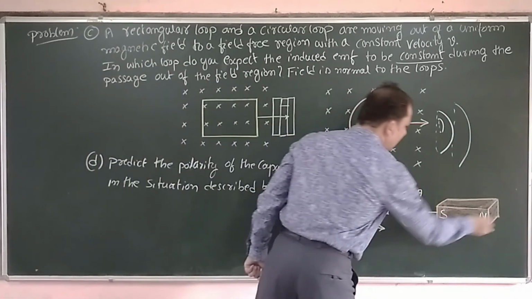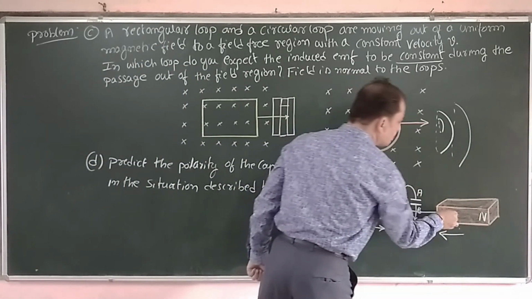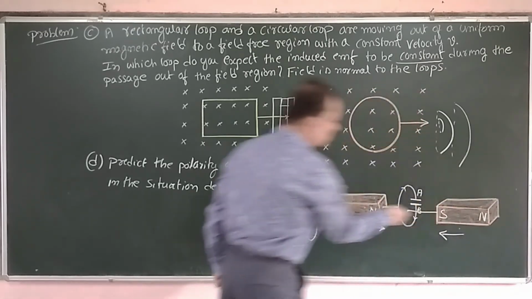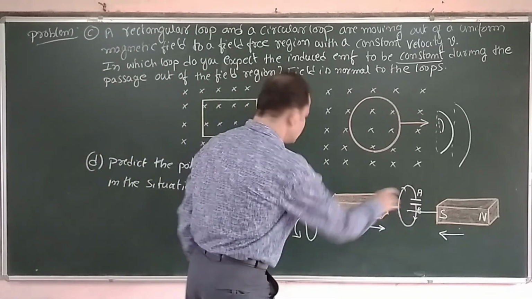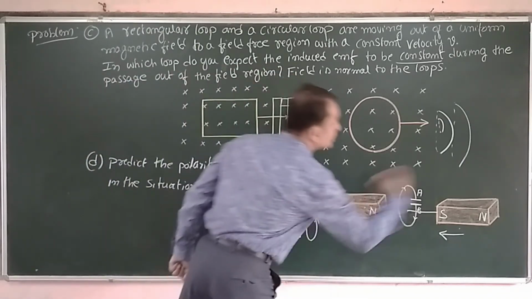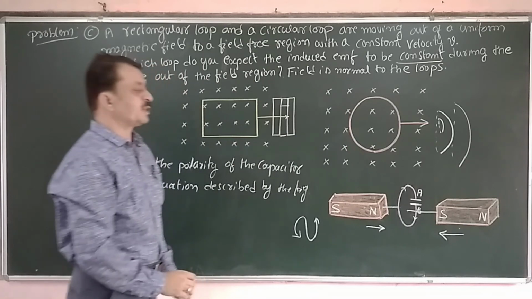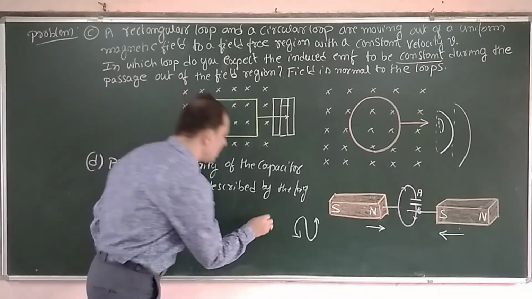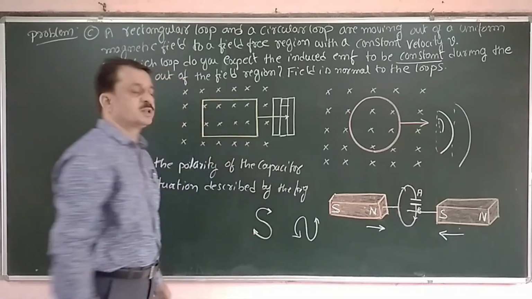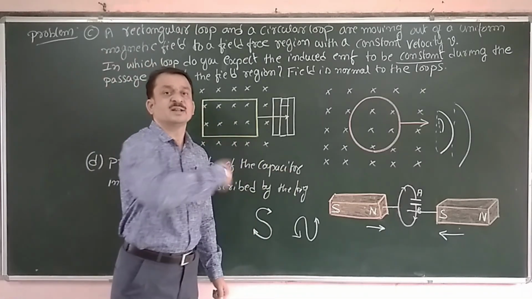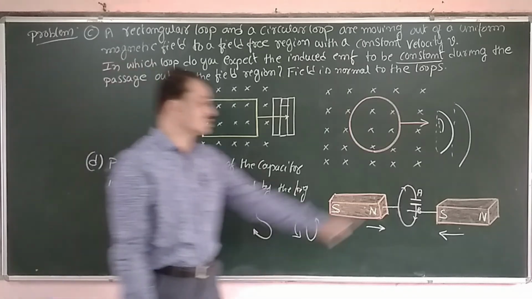Similarly, the second magnet is a south pole. The second magnet's south pole is moving towards the coil. Since the south pole is moving, that face of the coil has to behave like a south pole. Therefore the current should be in the clockwise direction for this one.